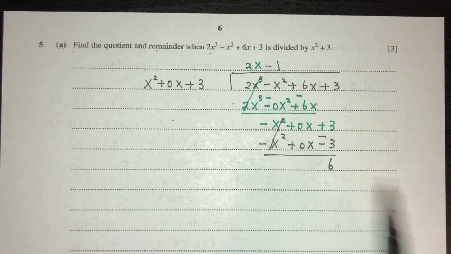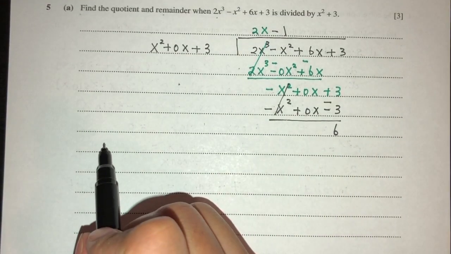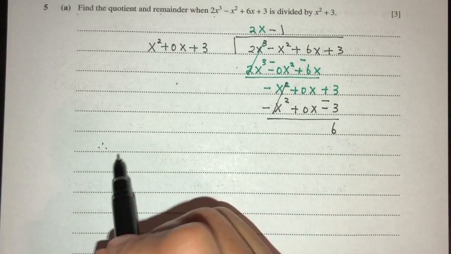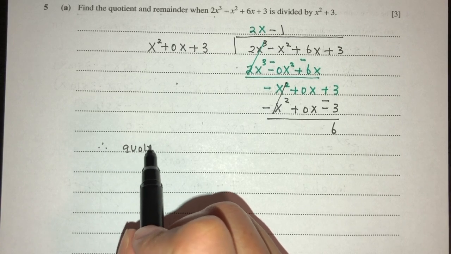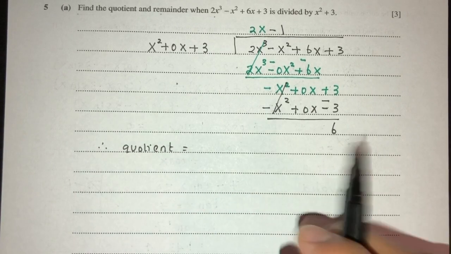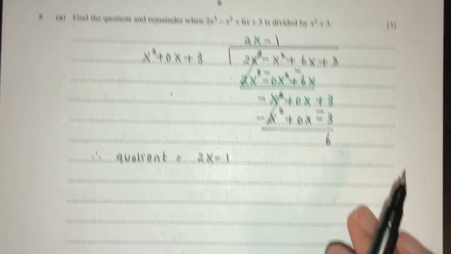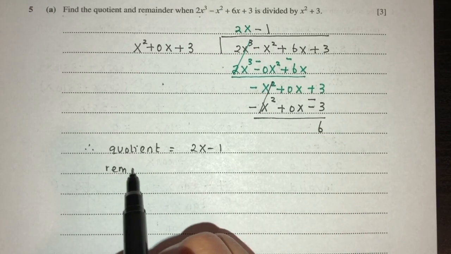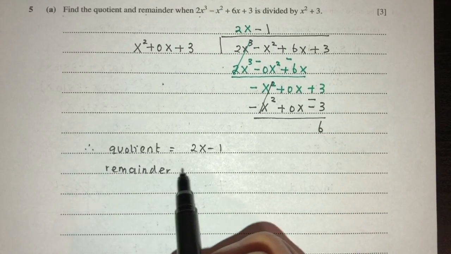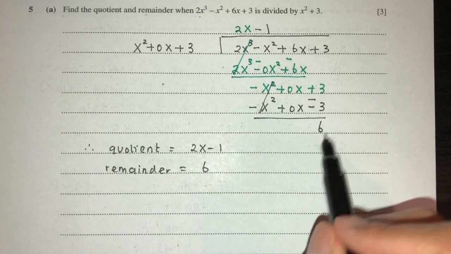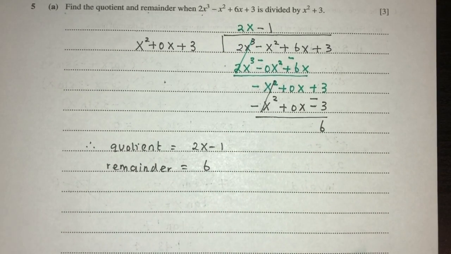That will be your remainder. So basically, let's write down, so your quotient is the one on top, which is this one, 2x minus 1, and the remainder is the one left behind. So that will be your answer for part A.